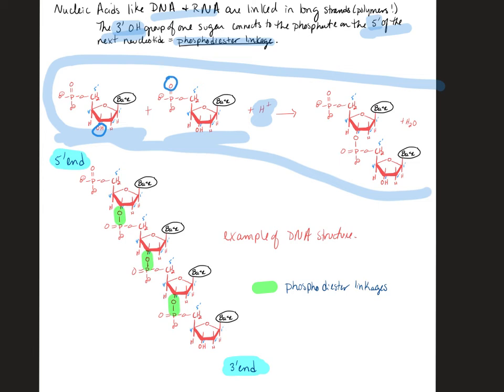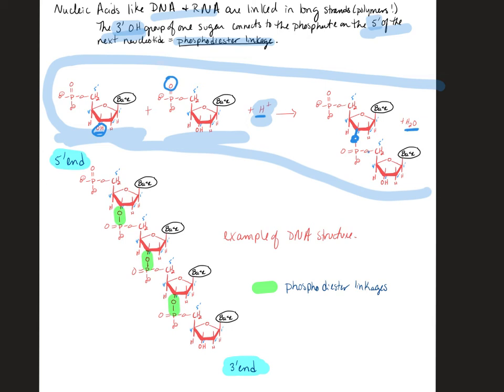And so one of those oxygens stays, and that's where this oxygen comes from right here. If you want to think of it this way, the OH here and this hydrogen make water. So this oxygen would stay, and that's what your linkage is going to be. Notice that this is coming off of the 3' down below.